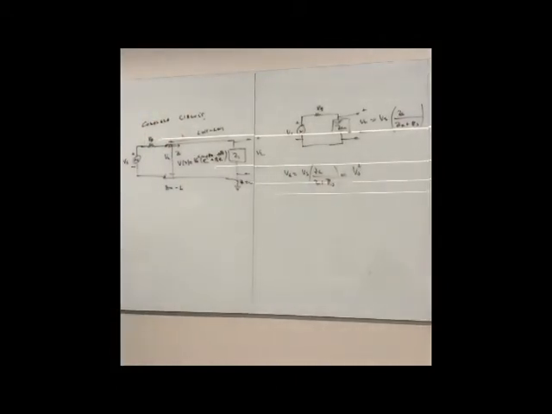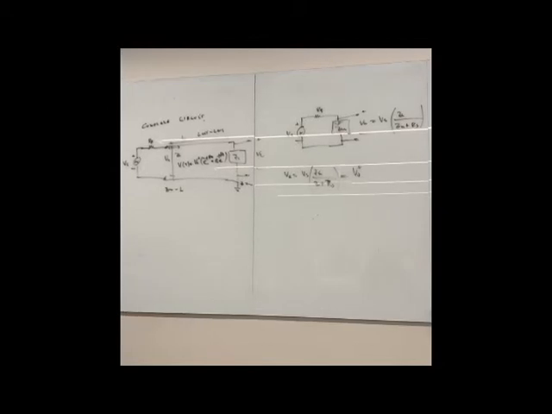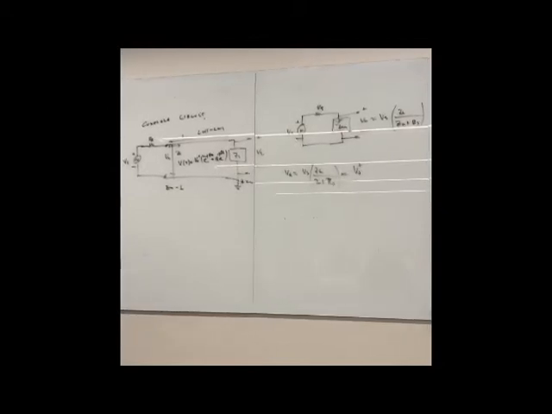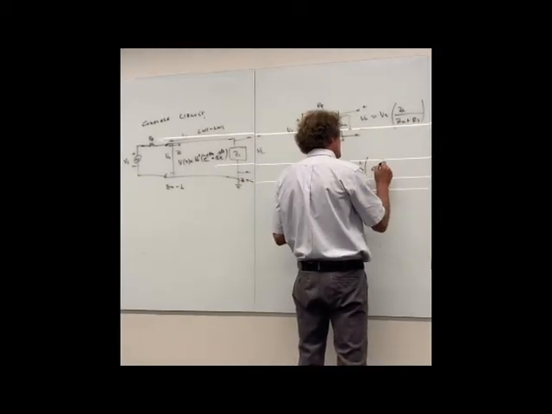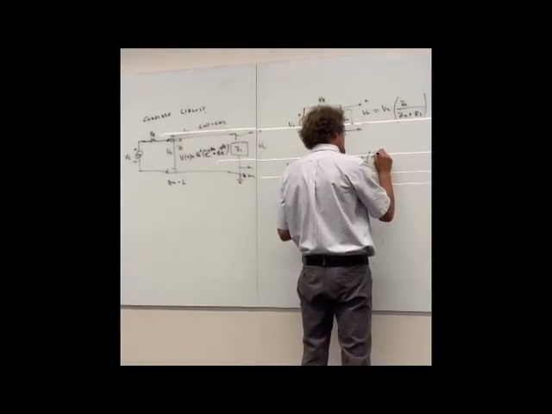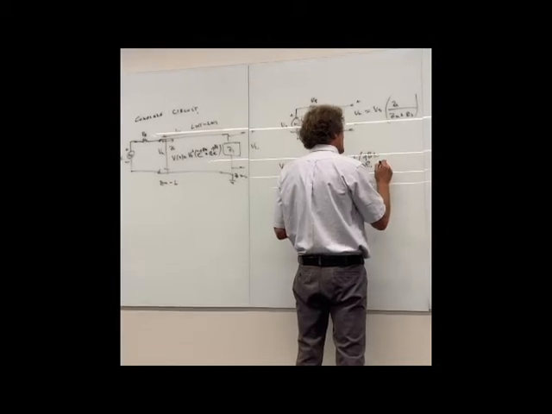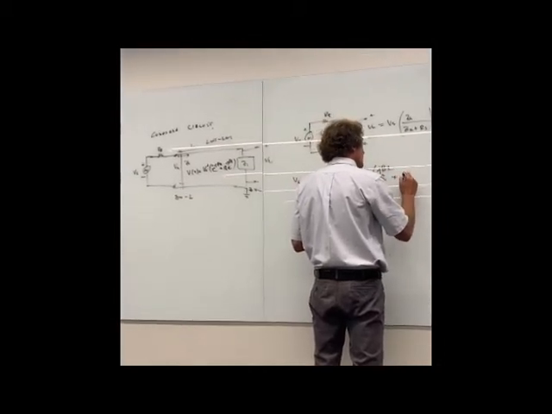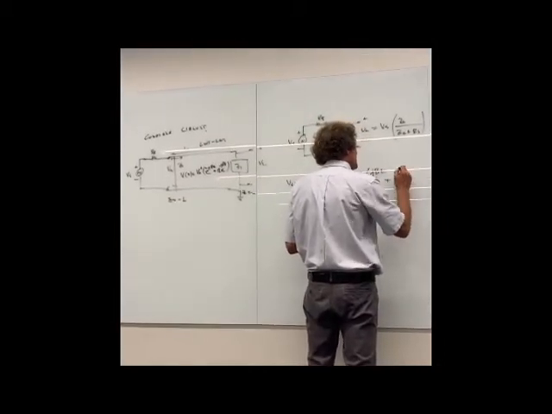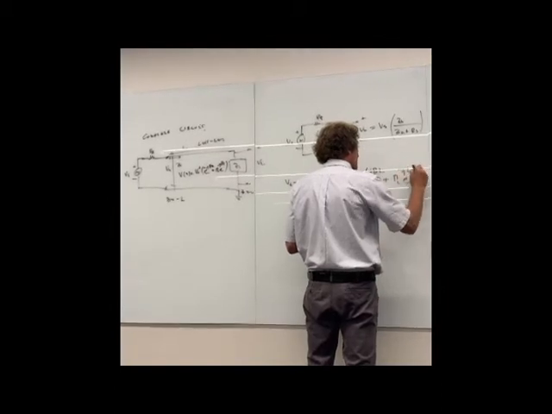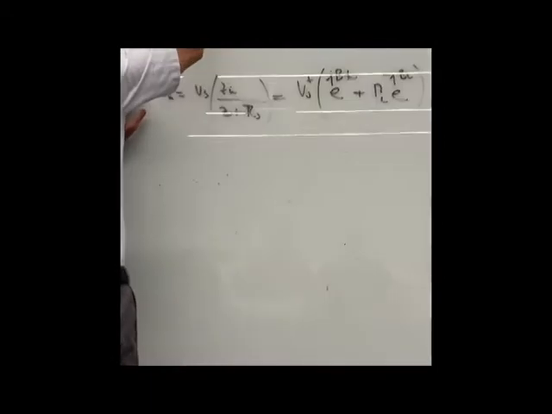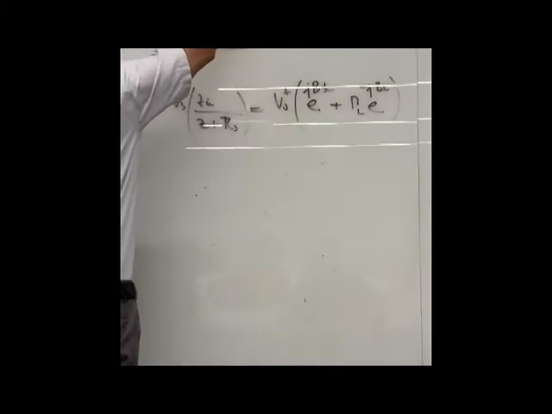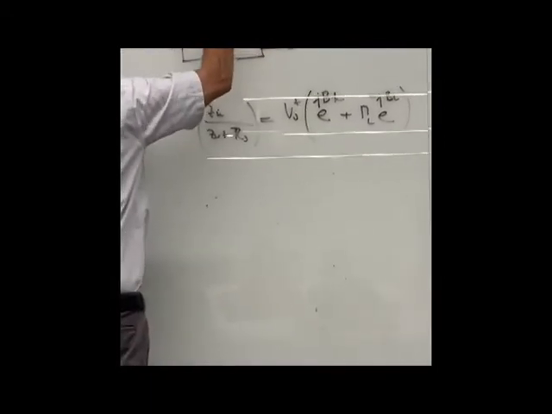Remember, it's going to be e to the minus j beta z, but Z is minus L. So this becomes times e to the plus j beta L, plus the reflection coefficient times e to the minus j beta L. And we know the reflection coefficient is given as ZL minus Z naught over ZL plus Z naught.